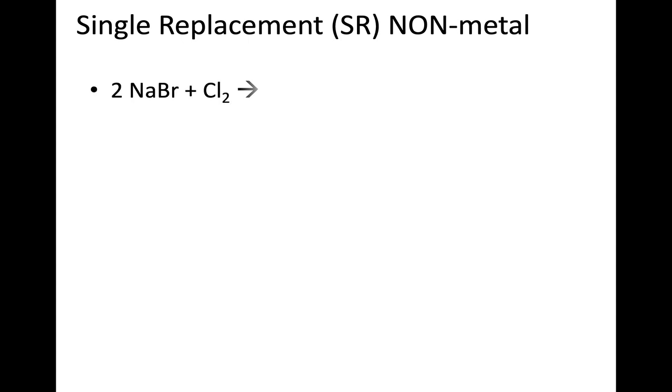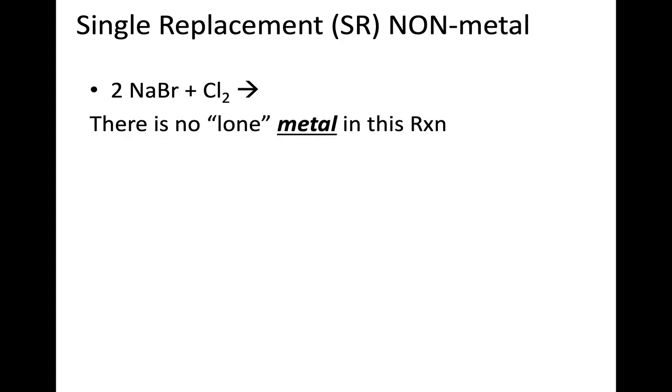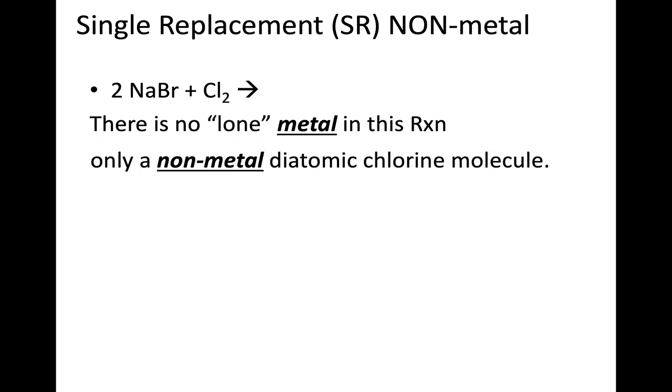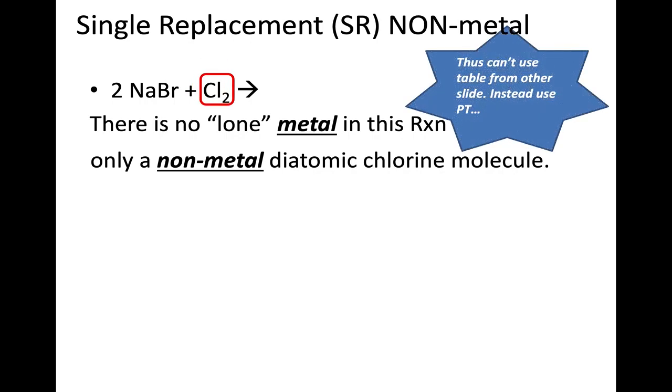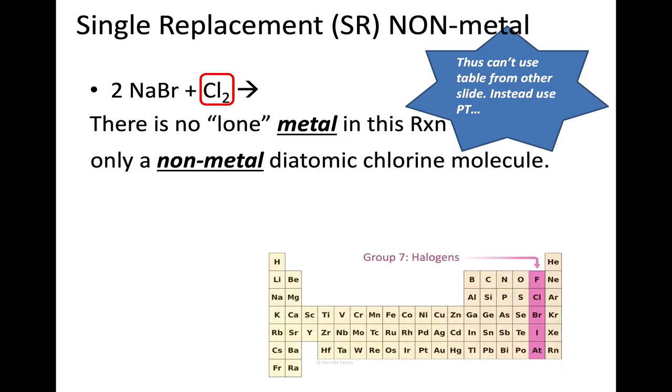Single replacement with a non-metal. We have sodium bromide and chlorine gas. There is no lone metal in this reaction. We only have a non-metal, which is diatomic chlorine molecule. So it's not a metal. So I can't use the table we used in the other slide, but instead we use the periodic table in a previous idea.